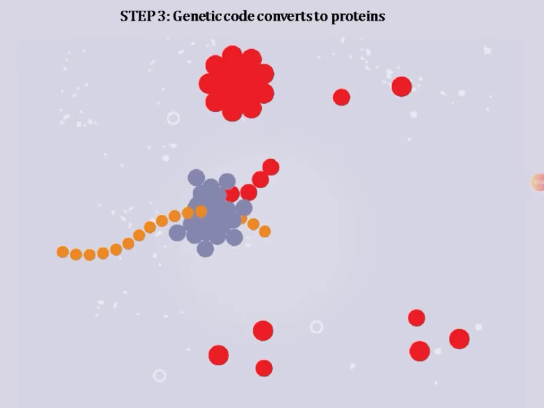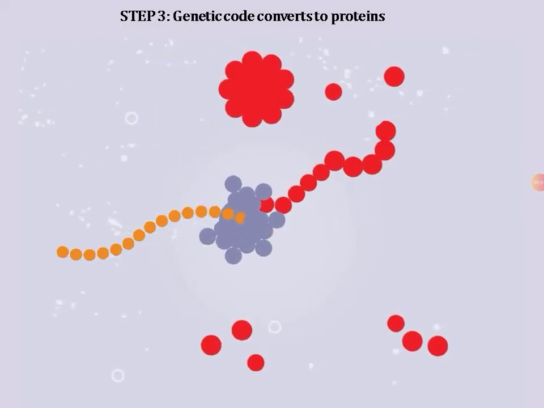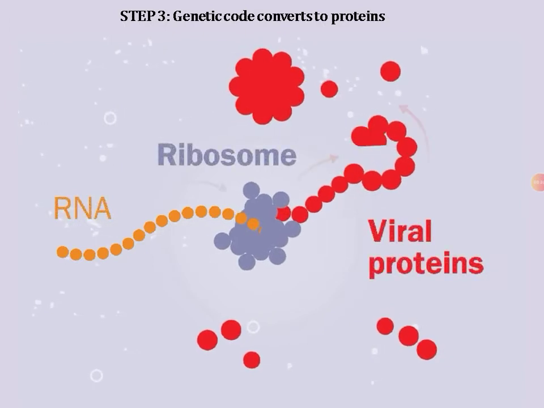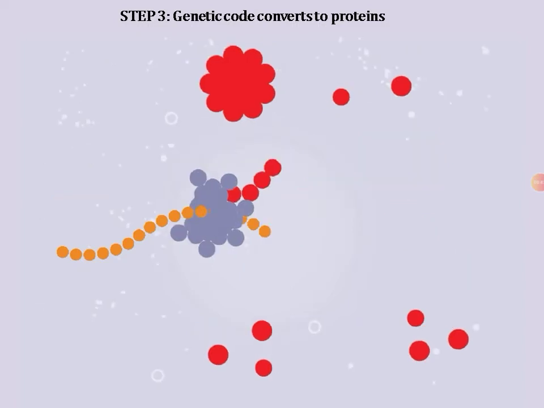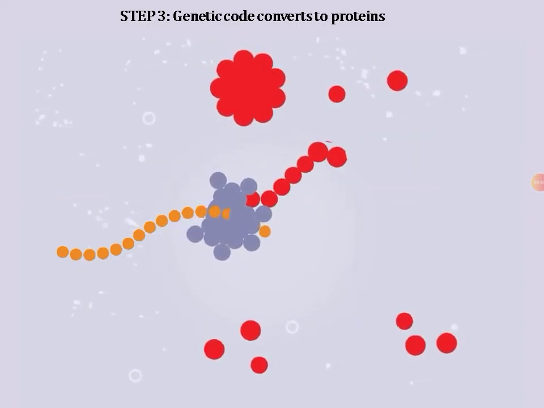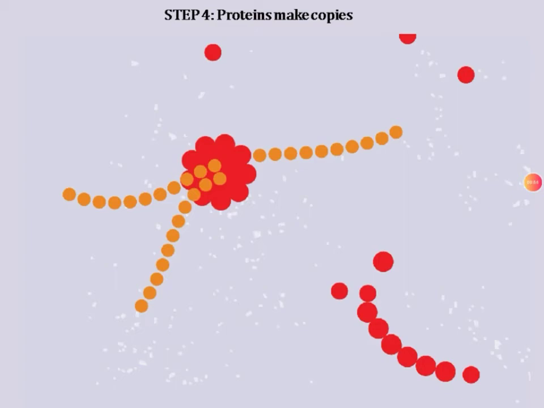Genetic code converts to proteins. Tiny particles in the host cell called ribosomes are equipped to read genetic material. When the virus RNA passes through, the ribosome produces viral protein. Protein makes copies.